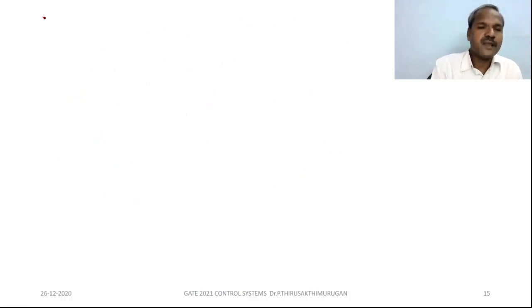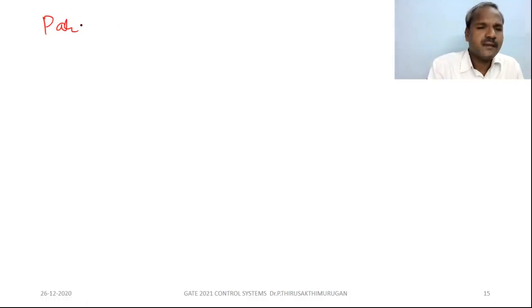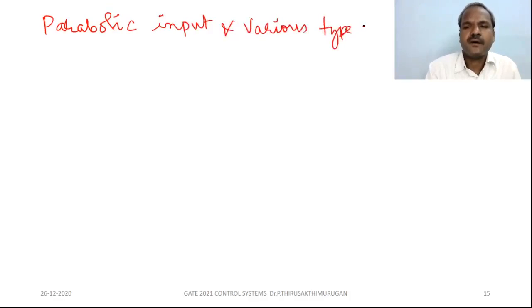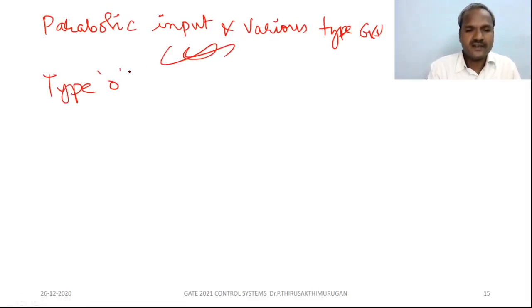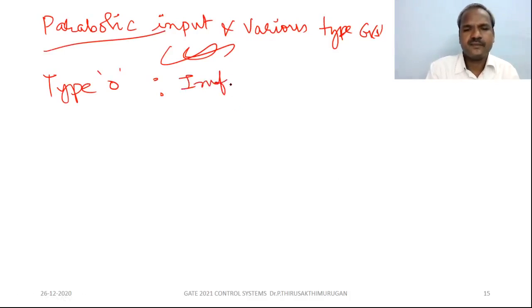Similarly, for parabolic input, what is the response for various types of G of S? What is the response for type 0? Type 0 system for parabolic input gives infinite steady state error.